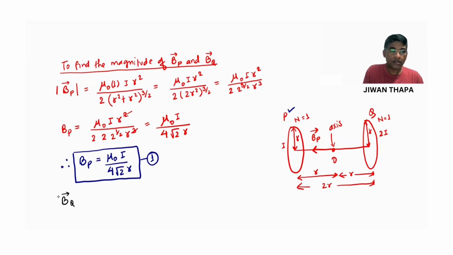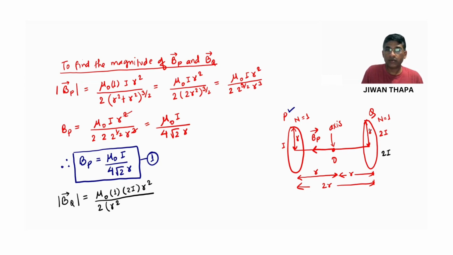Now, in same way, let us find magnitude of BQ. So now we have BQ equals mu naught, and number of turn is 1. And remember, current in coil Q is twice I, okay? So we have 2I, and radius is same. So we have R square divided by 2 bracket R square.